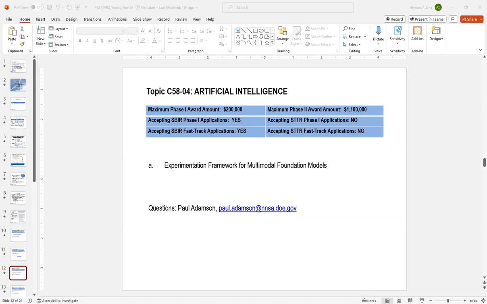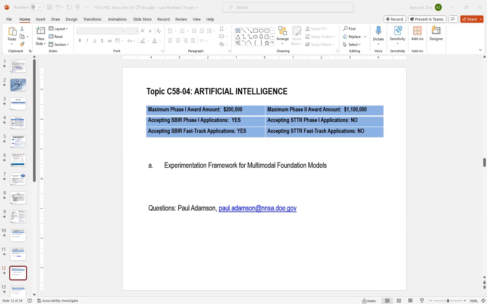So what we're looking for in a phase 1 effort would be a report with a description of the framework or methodologies, along with the plan to implement and demonstrate evaluation and red teaming of several different open source or industry type foundation models within nuclear nonproliferation relevant tasks.